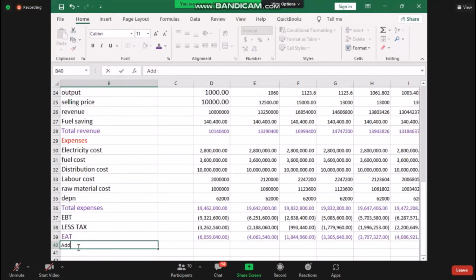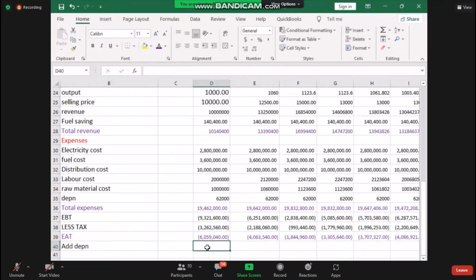Let me just put add depreciation like that. So what is the depreciation amount? It is here. Equal sign, pick it. I'm going to fix it. Let me see if I don't fix it, whether it will come. Pick it. It is constant. So it comes there like that.